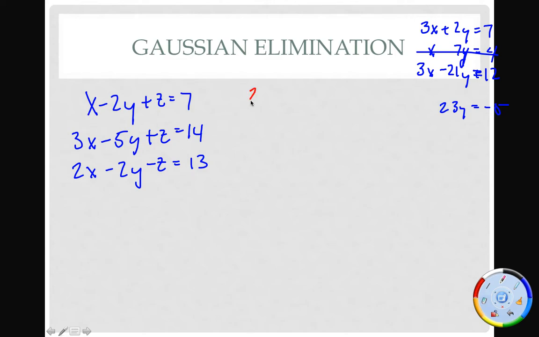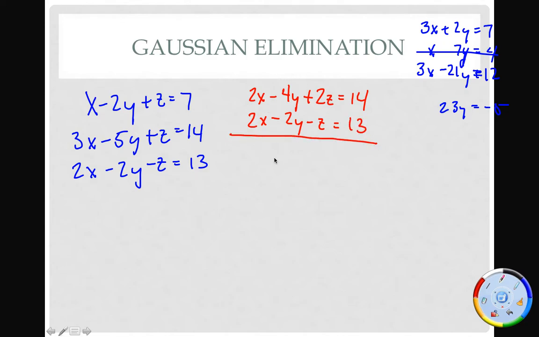So I'm going to have 2x minus 4y plus 2z equals 14. And I'm going to take this 2x minus 2y minus z equals 13, and I'm going to subtract. So I get a negative 2y, and I get a negative 3z is equal to 1.